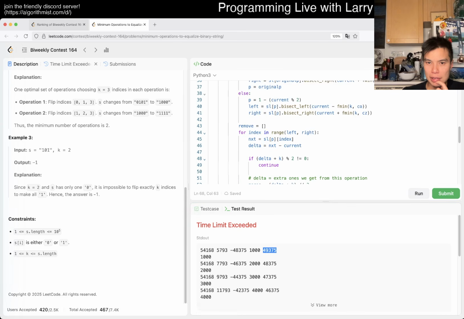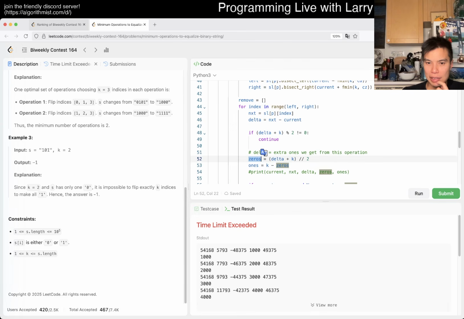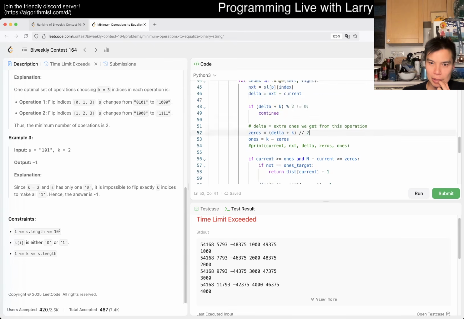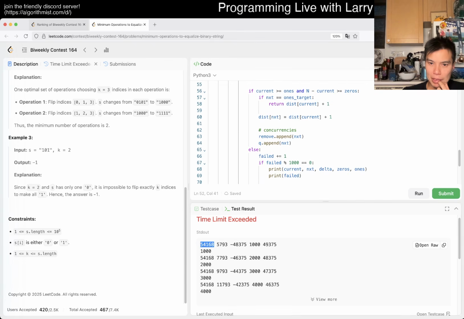What is zeros again? That's our calculation based on delta. Yeah, okay. I mean, that seems reasonable. This is our number current ones. We need this many zeros. We need this many ones. So we go an entire loop.